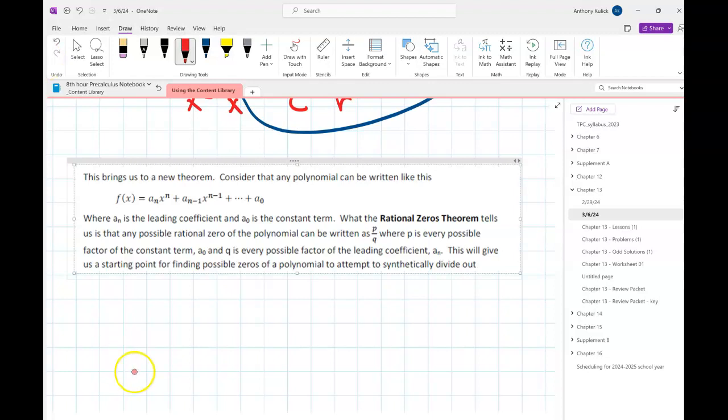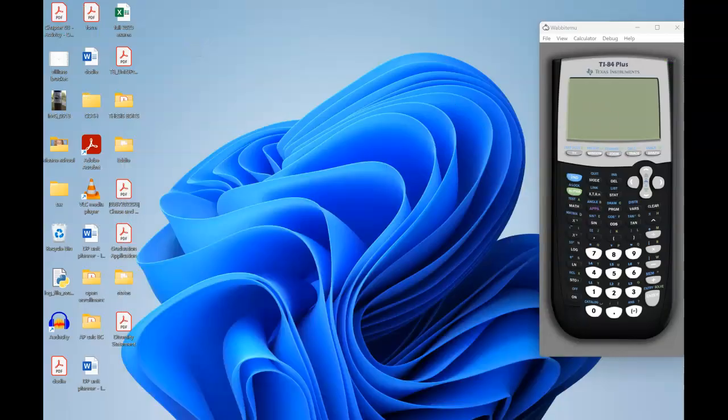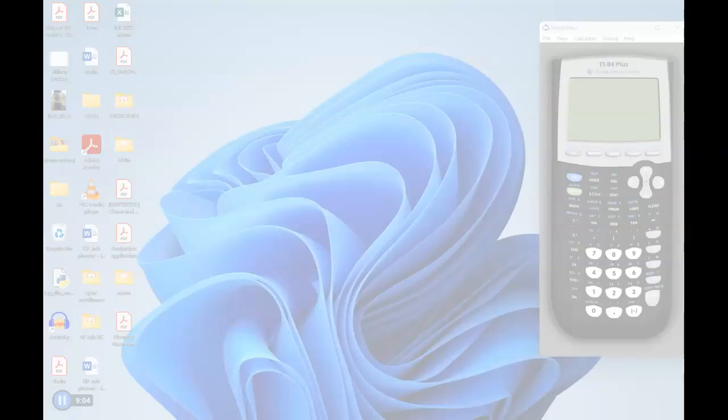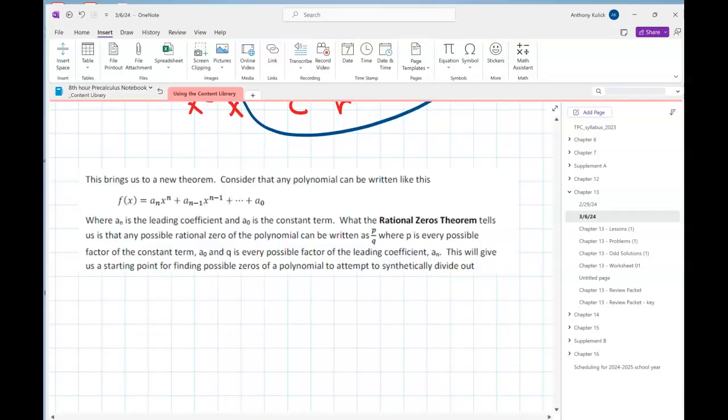So those are the only possibilities that we can use for synthetic division. Let's do a couple of examples, practicing that.